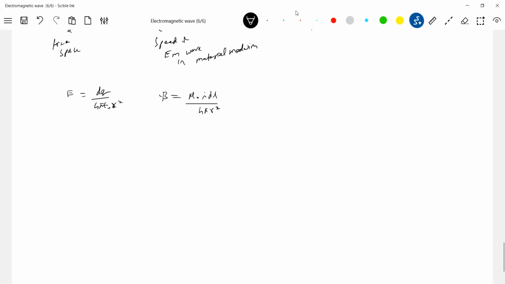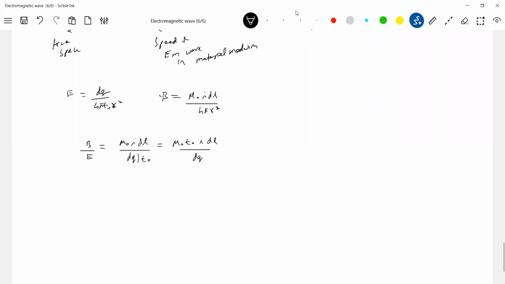Let me divide these two. B by E, mu naught I dl, 4 pi r square get cancelled. So this will get this as dq by epsilon naught. So mu naught epsilon naught I dl by dq. What is I?